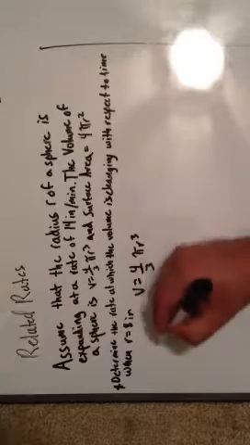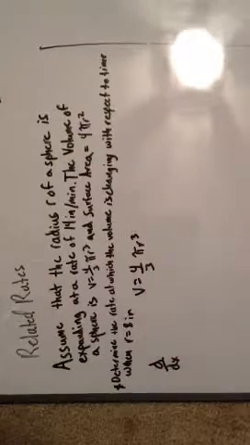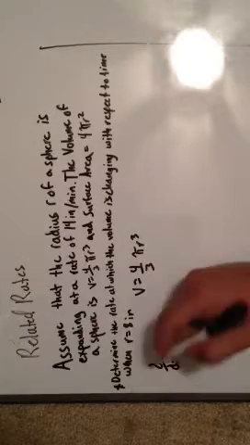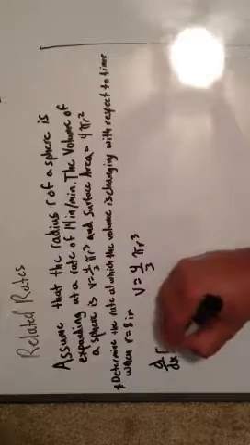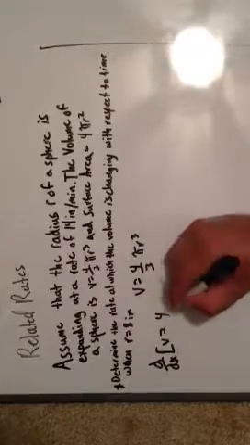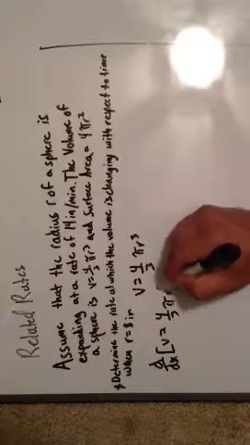So we're going to take the derivative with respect to time of all this. So it's 4 over 3 pi r cubed.